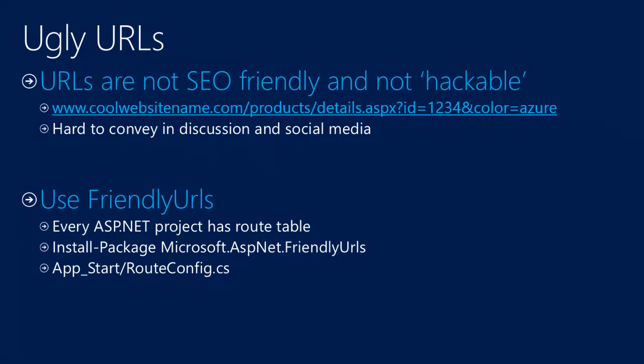It will drop off the .aspx's and the file name requests and a whole lot more. So we're going to configure that inside of RouteConfig. There's your install package line if you have to go get it on NuGet. And it does mobile device detection. Let me show you what that means.